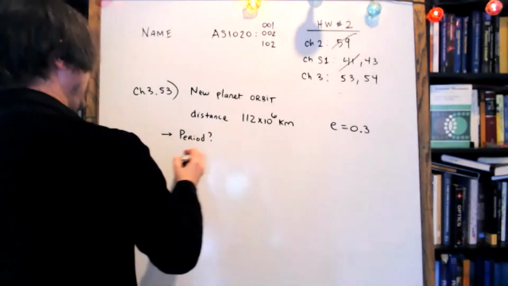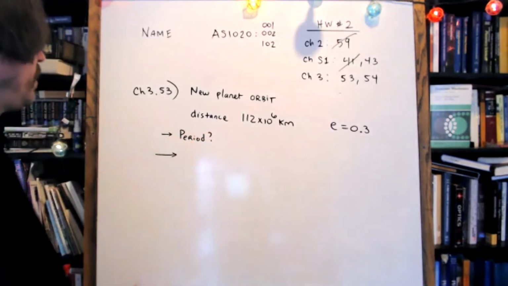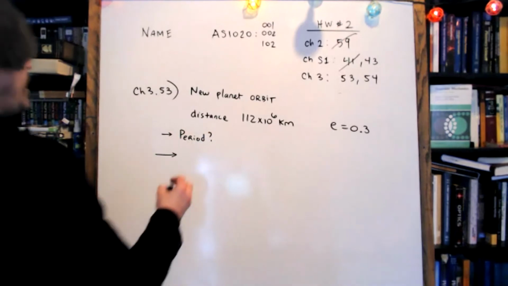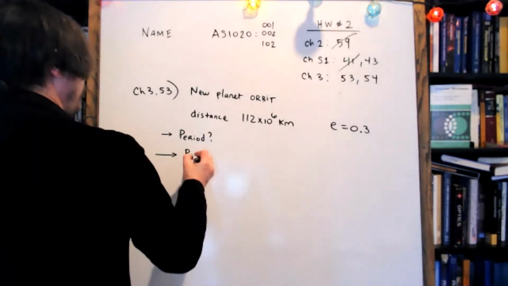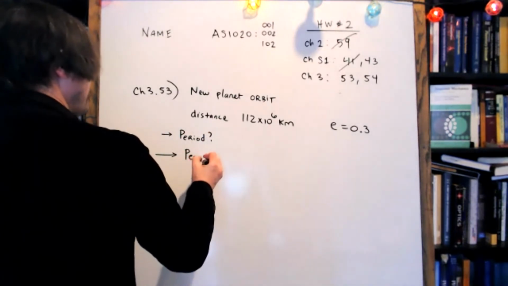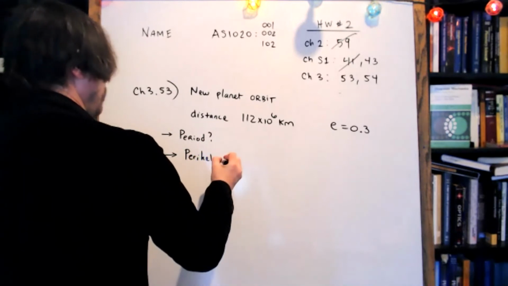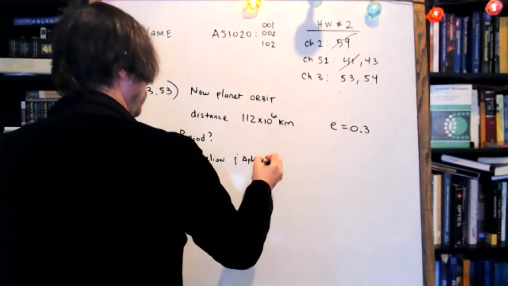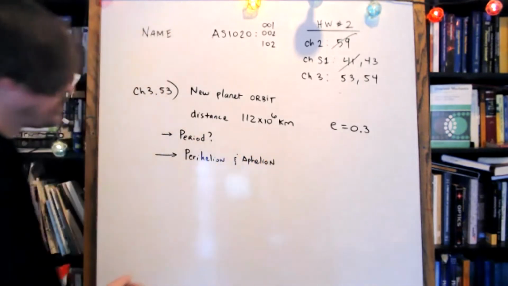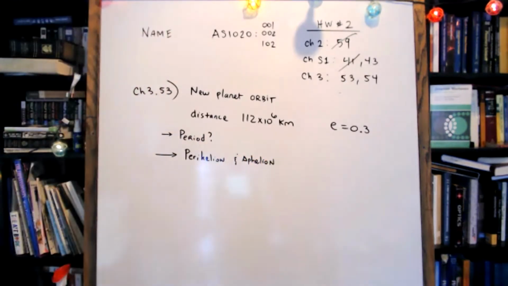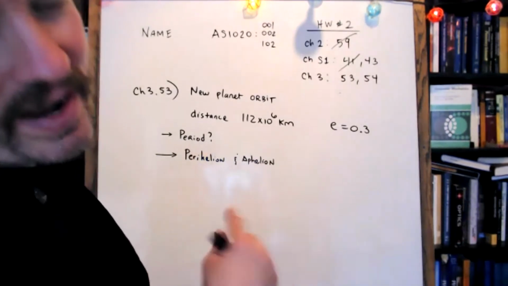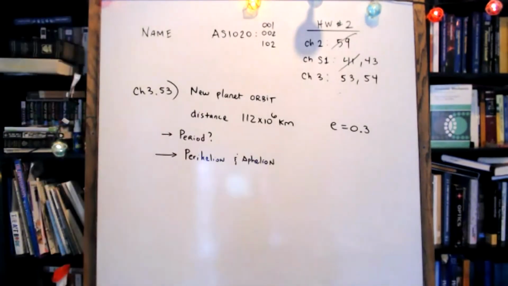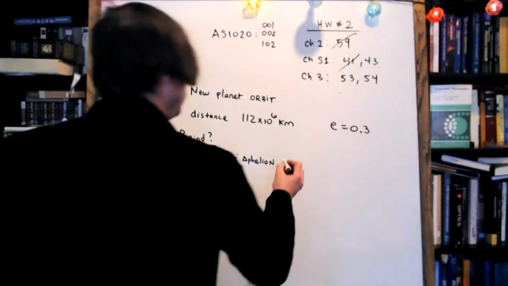We're trying to find the period of the planet, and then we have to find the closest and farthest approach, perihelion and aphelion. Actually, when it's another star, they call it periastron and apastron, but I'm not going to mince words there.